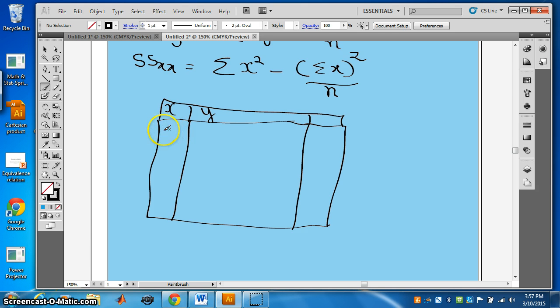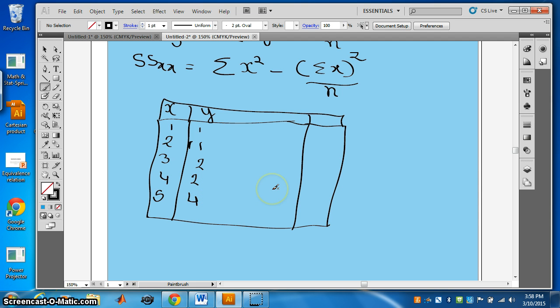I'll take values of x as 1, 2, 3, 4 and 5. Y I will take 1, 1, 2, 2, 4.